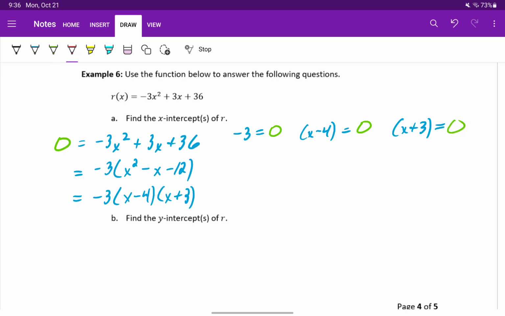So we would look at each of these equations and find the solutions. -3 is never equal to 0, so that first factor doesn't yield any solutions. Adding 4 to both sides would give us x equals 4 as a solution, and then subtracting 3 would give us x equals -3 as a solution. So we end up with x-intercepts at (4, 0) and (-3, 0).